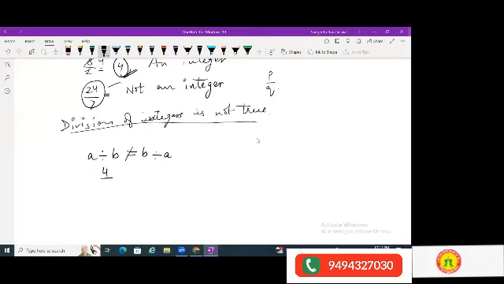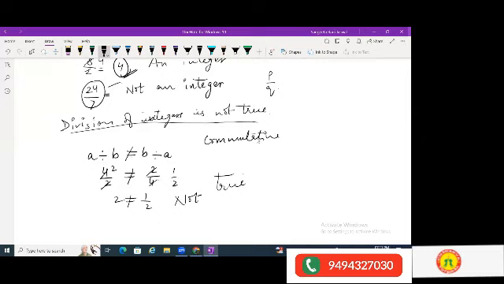Suppose if you have 4 divided by 2, will that be equal to 2 divided by 4? नो, इट विल नॉट बी इक्वल, ये तो 2 हो जाएगा और ये 1/2 हो जाएगा. So is 2 and 1/2 equal? नो, ये 2 है, ये हाफ है. Okay, so division of integers does not hold true in case of commutativity also. So commutative property also does not hold true, right?